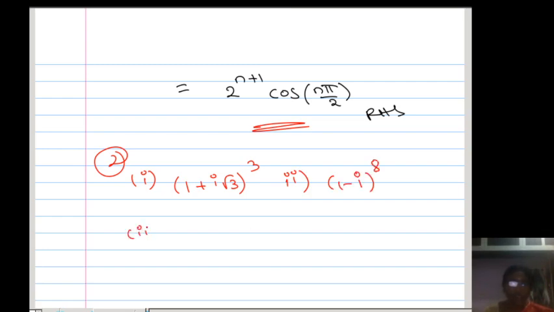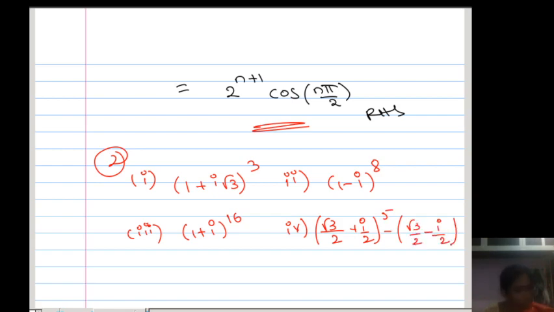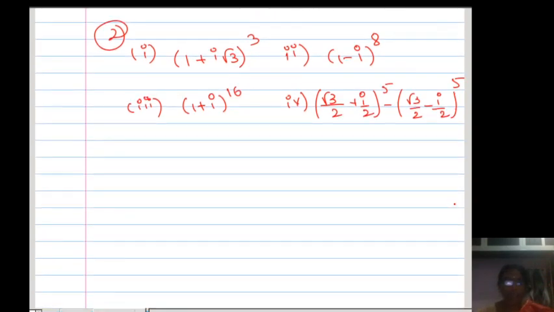Next, the third one, 1 plus i power 16. Next, the fourth one: root 3 by 2 plus i by 2 power 5 minus root 3 by 2 minus i by 2 power 5. So these 4 problems we have to solve.